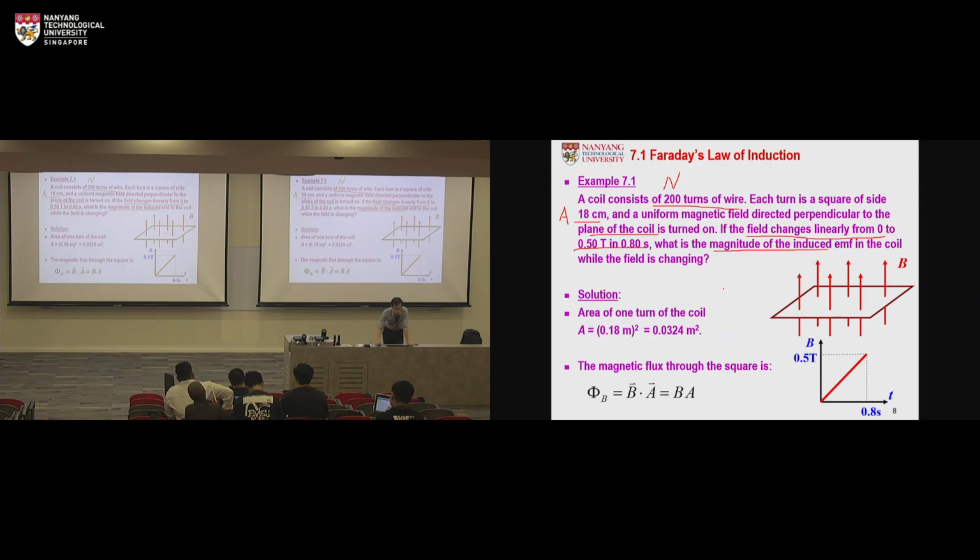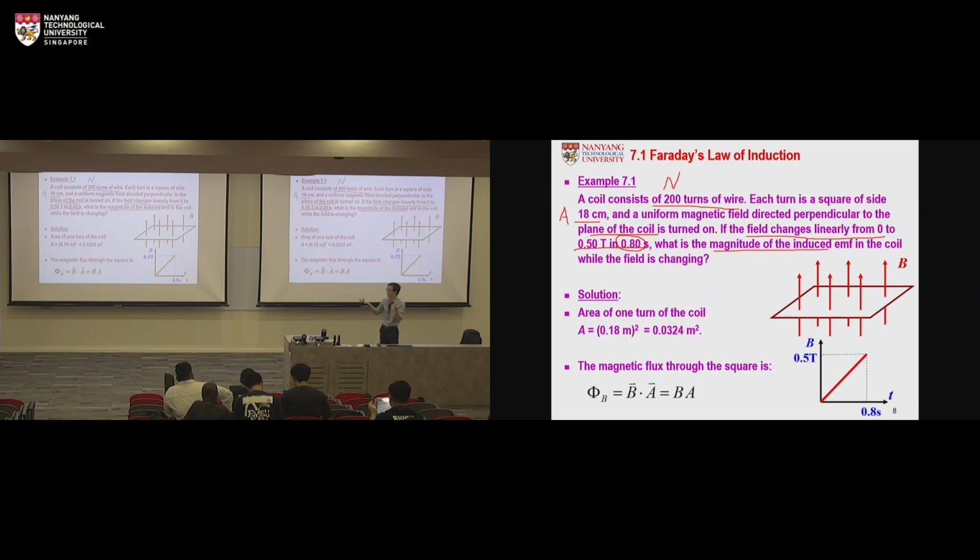So you can see what you have is a magnetic field that is changing within this time period, 0.8 seconds. So all you need to do is to figure out the initial magnetic flux and the final magnetic flux, right? The magnetic flux at t equals 0 and magnetic flux at t equals 0.8, right?